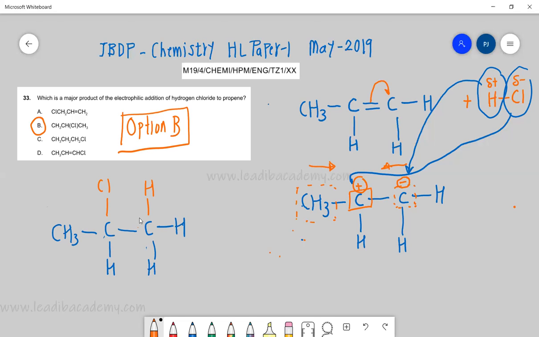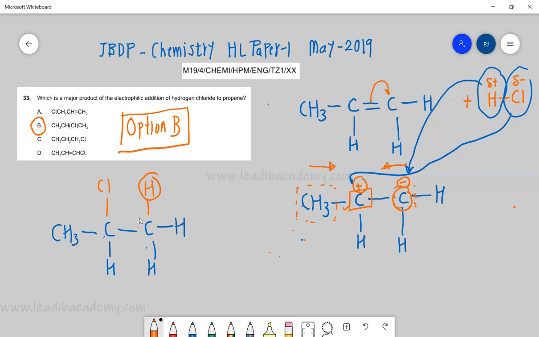When there is a breakage of the double bond, hydrogen will go to that carbon which is the lesser substituted. So in this case, clear cut, this carbon is less substituted. That means there is a lesser amount of hydrogen which has been replaced as compared to this, and therefore it is getting attached. Okay, simple.